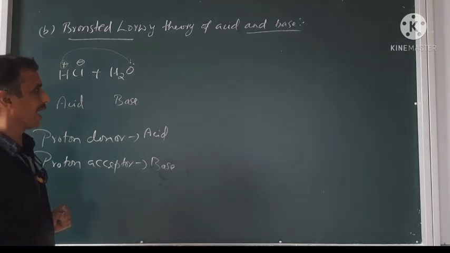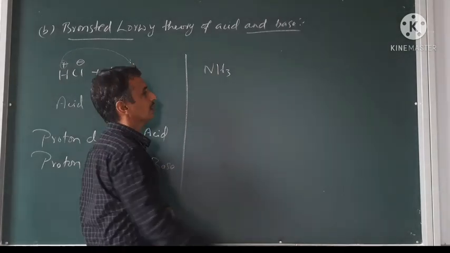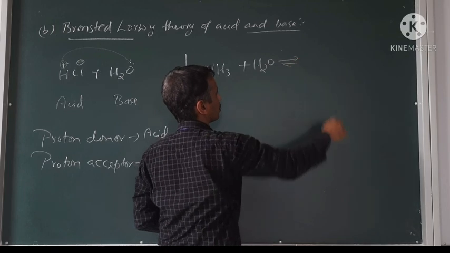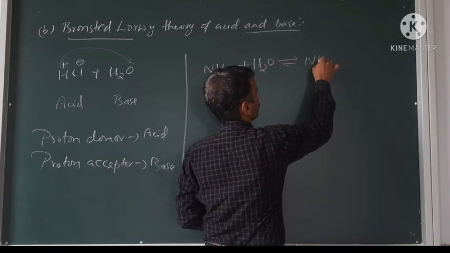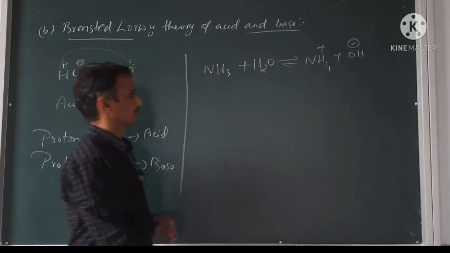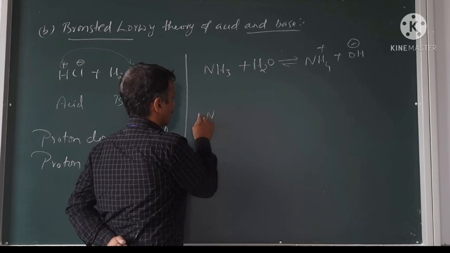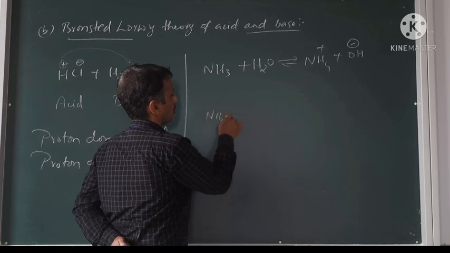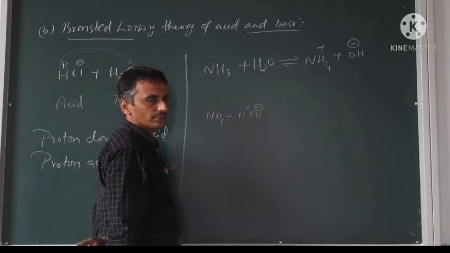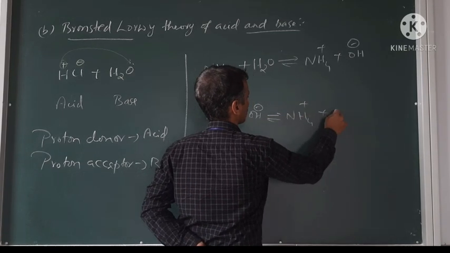I'll give one more example, just try. NH3 reacts with water, dissolves in water, giving NH4 plus and OH minus. So how is it? Let's see. NH3 plus water, which I write as H plus and OH minus also, gives NH4 plus and OH minus.